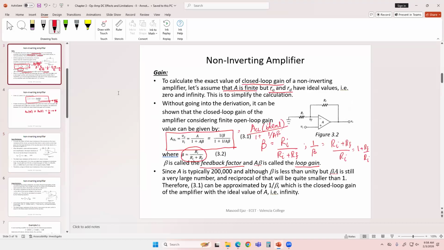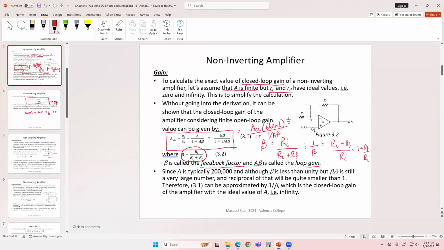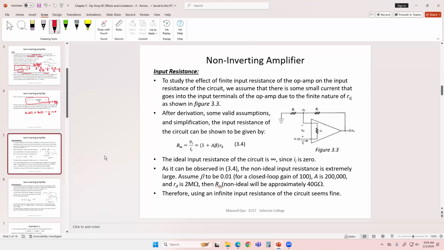Since V input is here and I input, of course, there is no current that flows either in the non-inverting or inverting terminal. So we assume that that current is extremely small, approximately equal to 0. So the ratio of V input over I input tends to infinity. So the input resistance for the non-inverting amplifier is going to be extremely large, approximately infinity. That's what we assume.